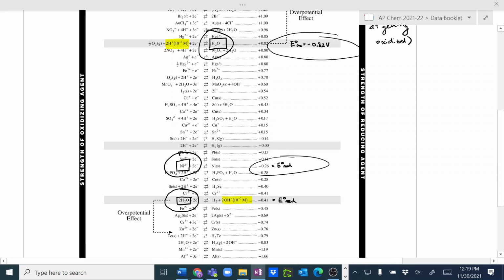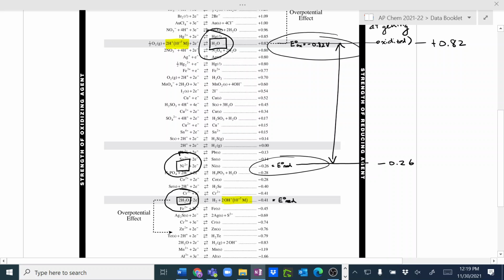So what is the voltage of the cell going to be? It's going to be the difference between here and here, yes? So we're starting at negative 0.26 and we're finishing at positive 0.82, yes? And so that difference there is going to be the voltage.